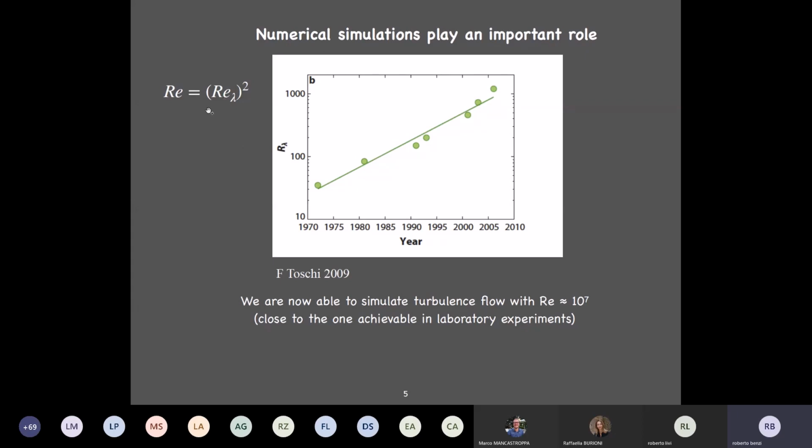So around 1990 there was already the ability to simulate turbulent flows at Reynolds number 10 to the 4. The situation is still improving, and now we are definitely able to simulate numerically Reynolds numbers of order 10 to the 7. This implies that we are able to get from computer simulations many pieces of information that are otherwise extremely difficult to obtain from experiments. Although, of course, we compare all the situations that we find with experiments as well.